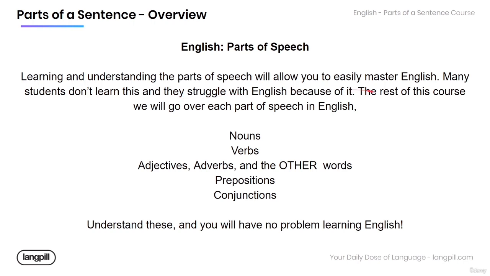Okay? So the rest of this course, we will go over each part of speech in English, okay? Nouns, verbs, adjectives, adverbs, and what I call the other words, okay? Prepositions, and finally, conjunctions. I promise, if you understand all of these, then you'll have no problem learning English.